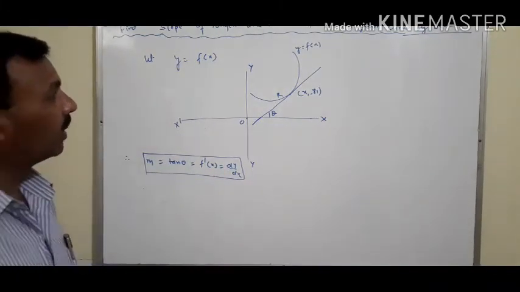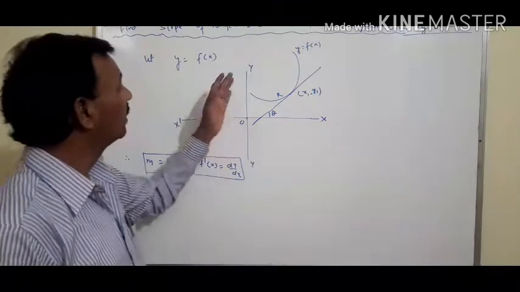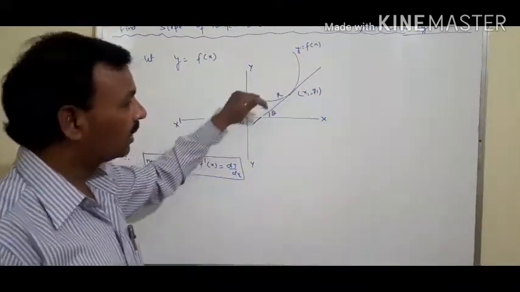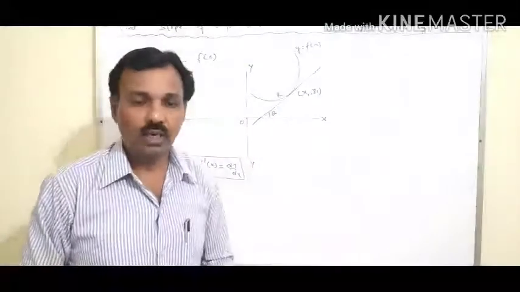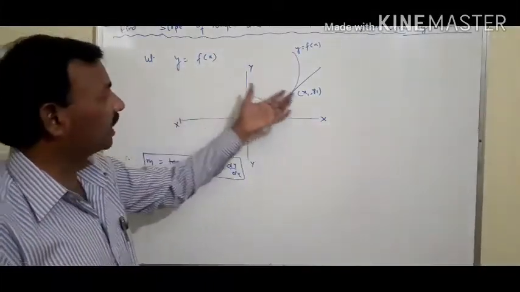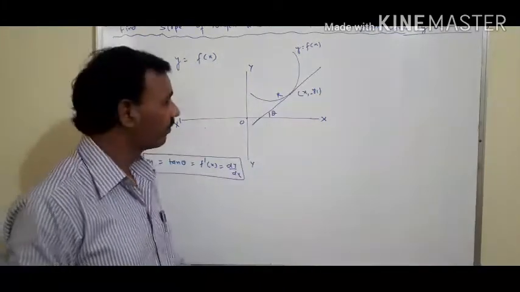That means if you want to find the slope of any tangent to a curve, then first you should find the first derivative of that function.